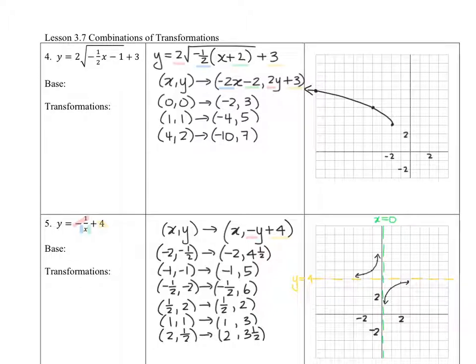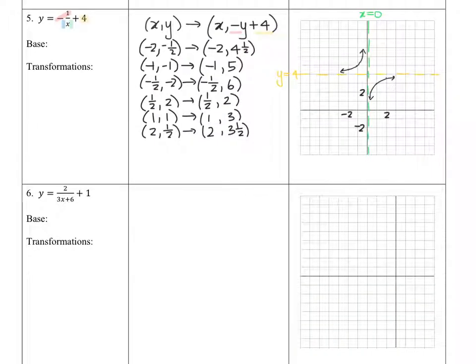Okay. Now let's try another example. So now for our last one here, we are going to have to first factor. So we have y equals 2 over 3 bracket x plus 6 divided by 3 will give us 2 plus 1. Okay.